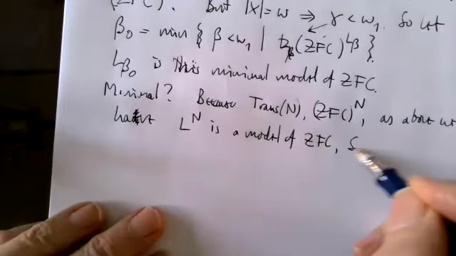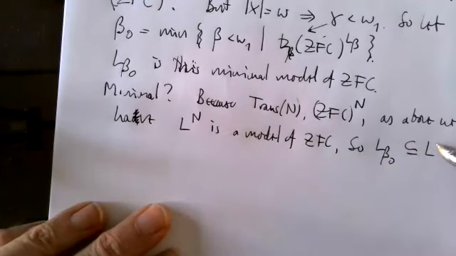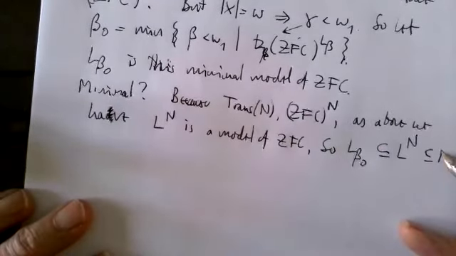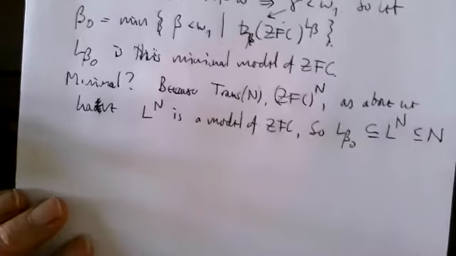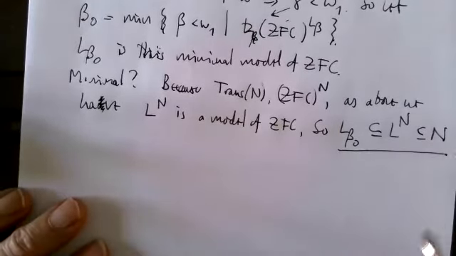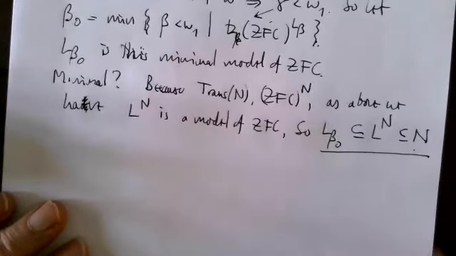So L beta 0 is going to be possibly an initial segment of this, L in the sense of n, which is contained in n. Which is why this is the minimality that we were after. It's contained in every other transitive model of ZFC.